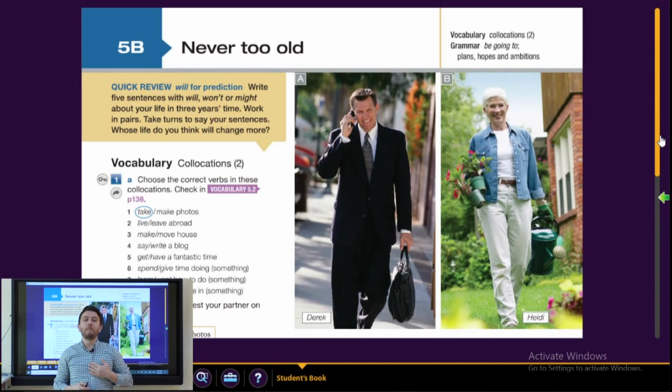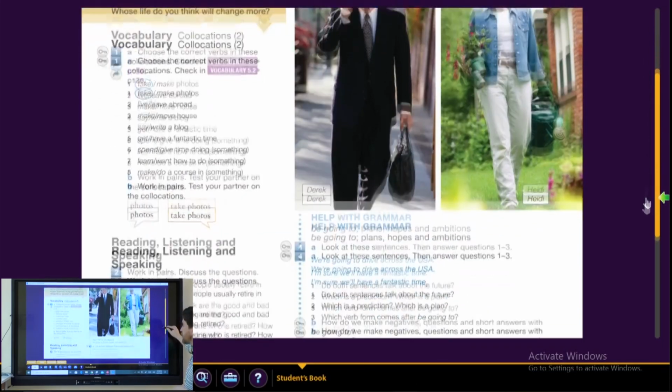For example, my ambition is to travel around the world. Another of my ambitions is to learn lots of foreign languages.